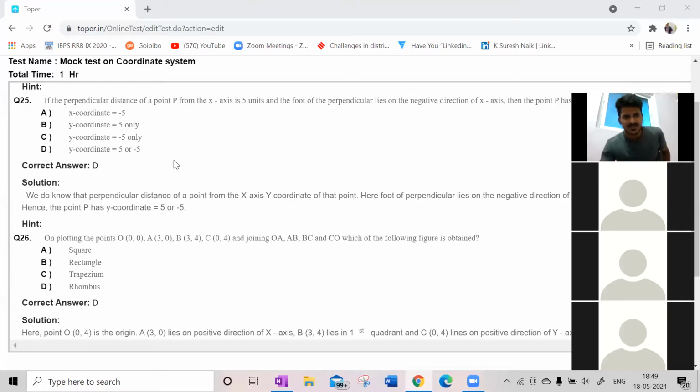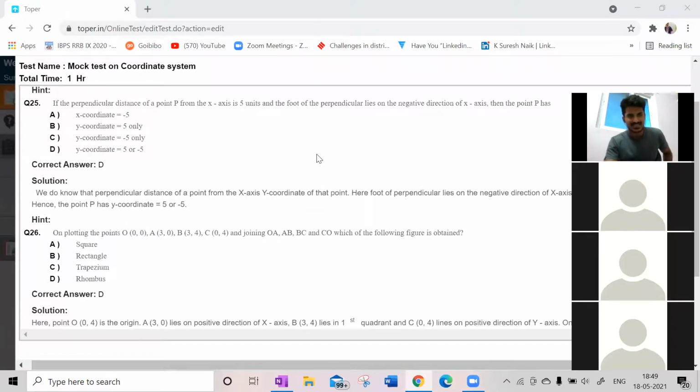If the perpendicular distance of a point P from the x-axis is 5 units and the foot of the perpendicular lies on the negative direction of x-axis, then the point P has. Very interesting question.